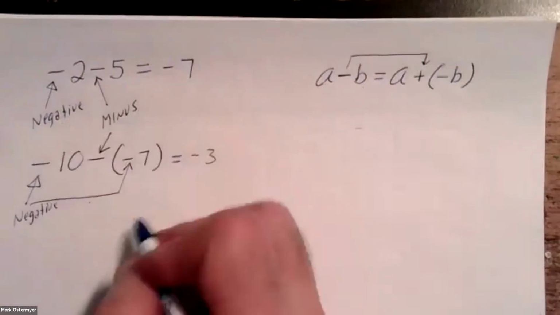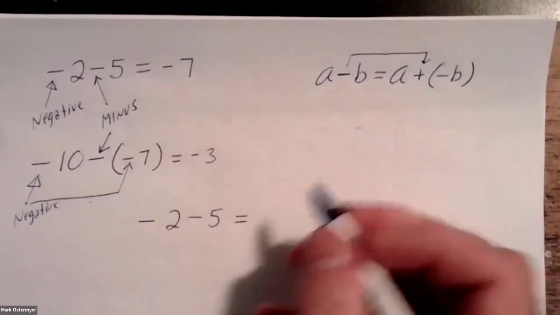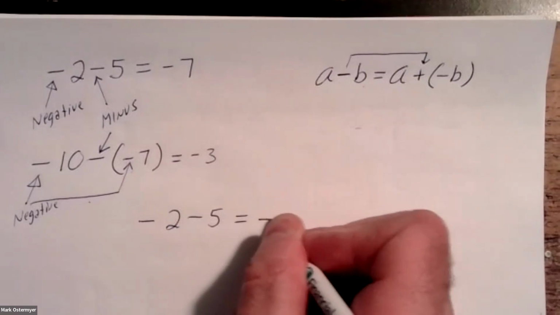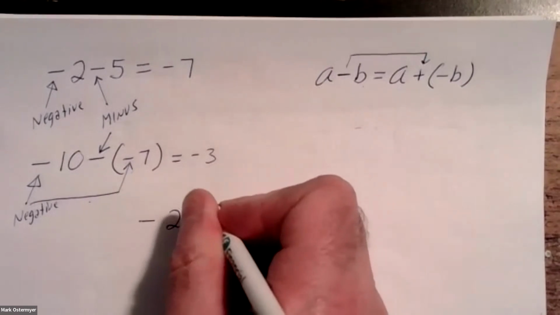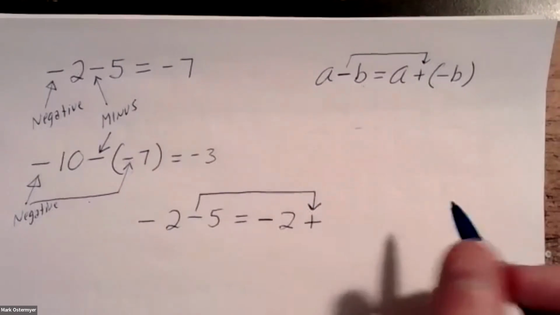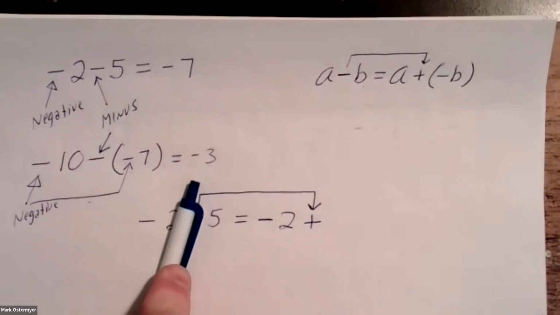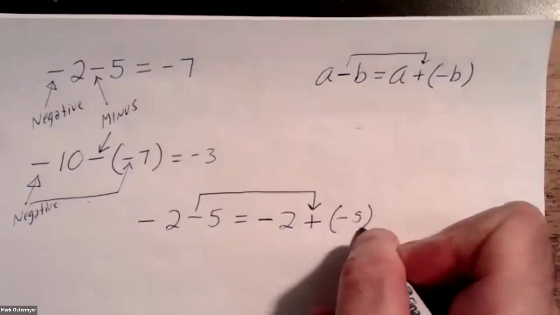So like when you look at this negative 2 minus 5 here, I can rewrite this expression equivalently as negative 2, and then I can change my subtraction to addition. But then I have to add the opposite of 5. What's the opposite of 5? Negative 5. Yeah, so it'd be negative 5.